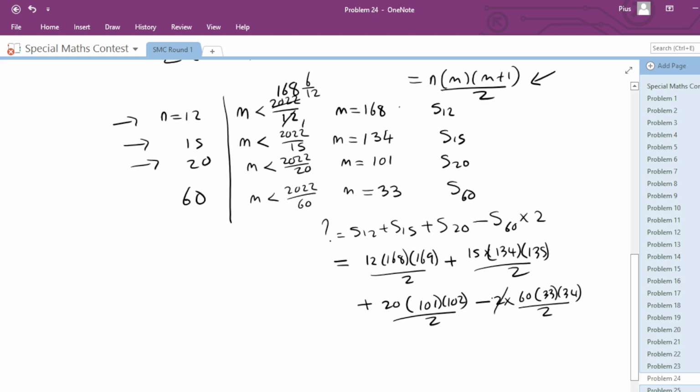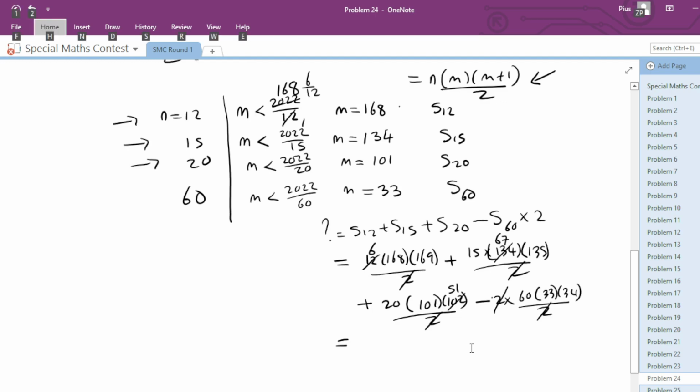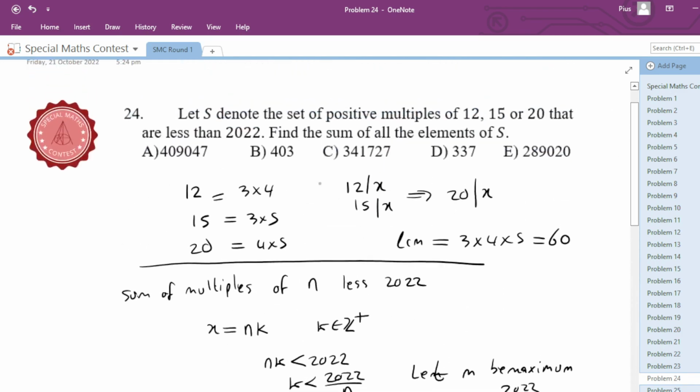We can remove the fractions, simplify this, and then we have our answer. After some calculation, we just get 341,727, and that's option C.